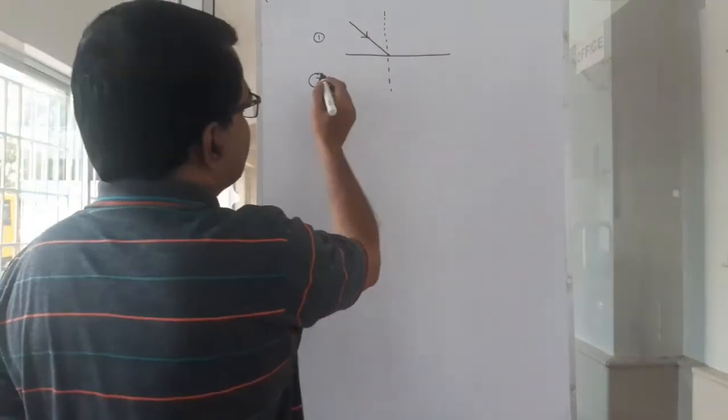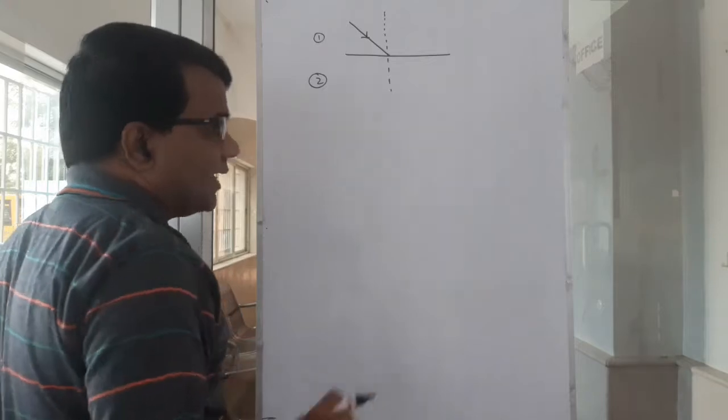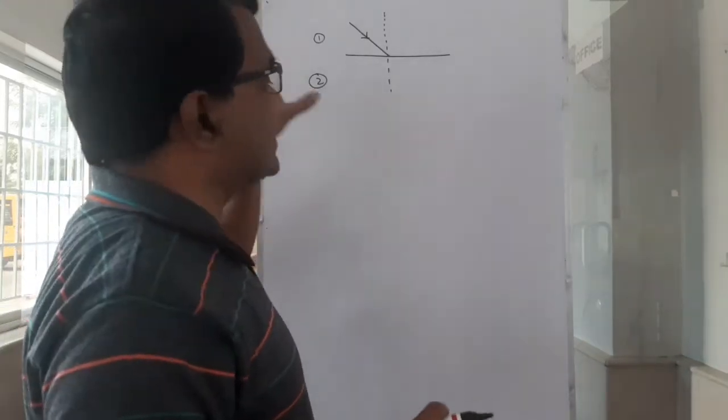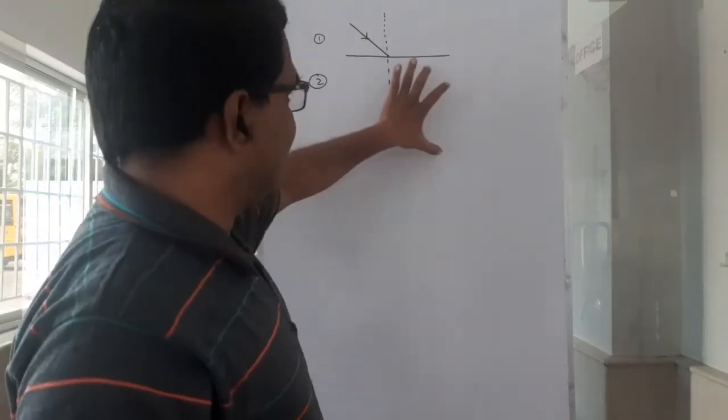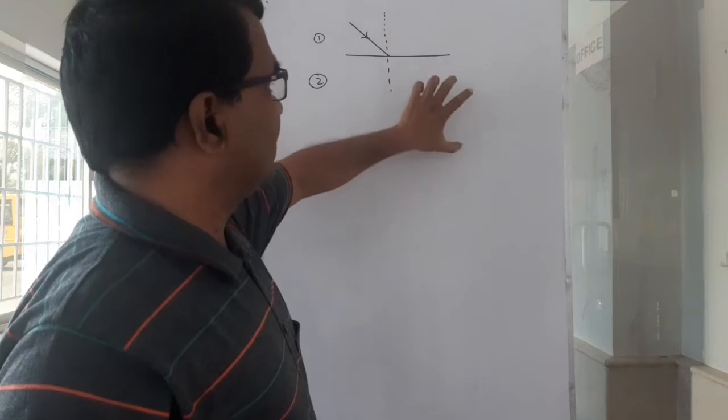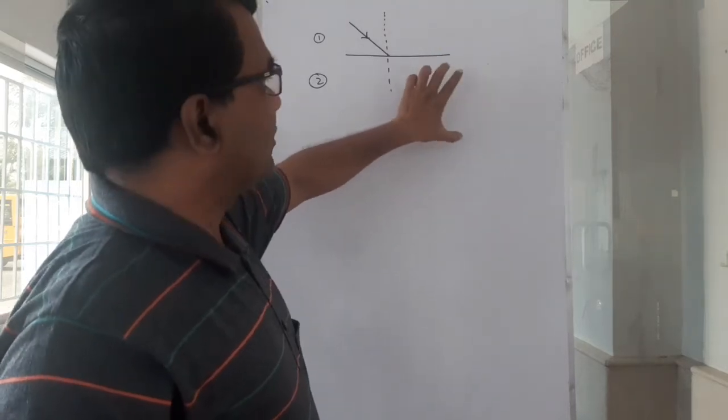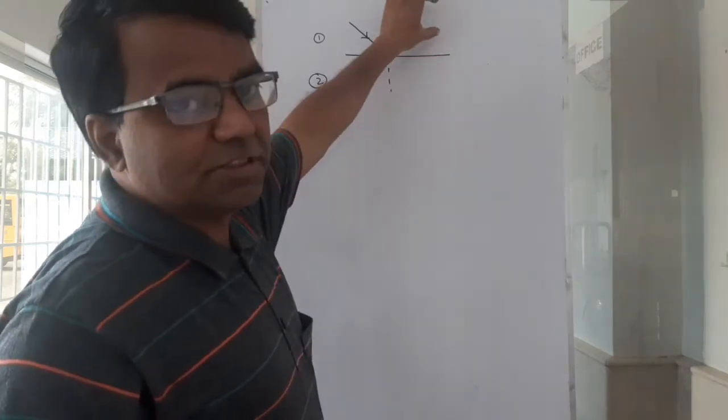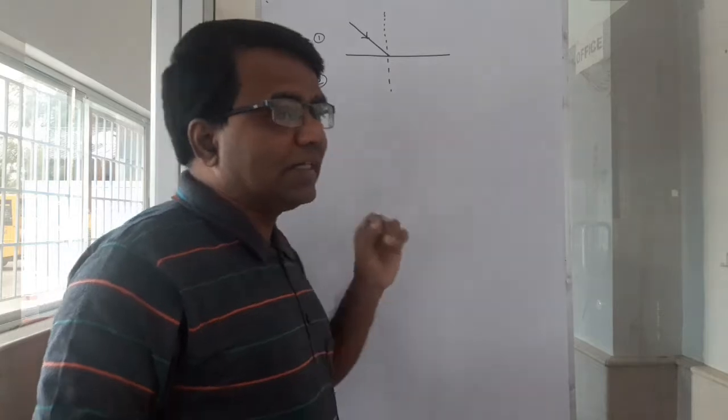Then what happens is, supposing that this is a denser medium, optically denser medium, meaning that light is going to be slowed down here. It's going to travel slower in this medium than in this medium. Okay, so optically denser does not mean that it is physically denser.